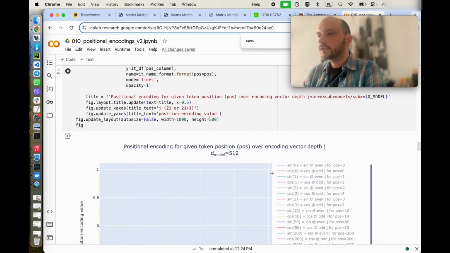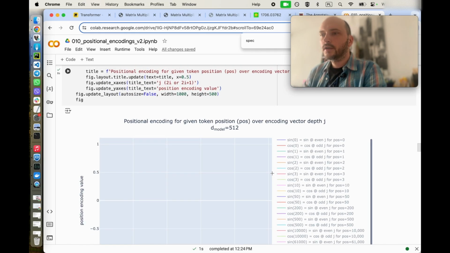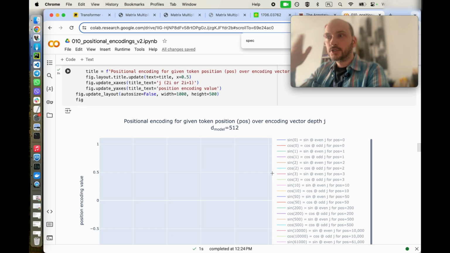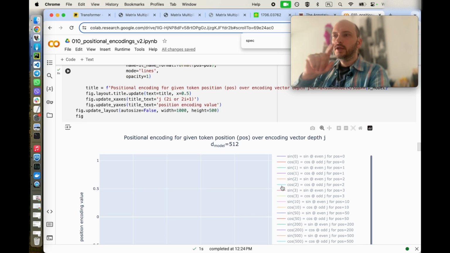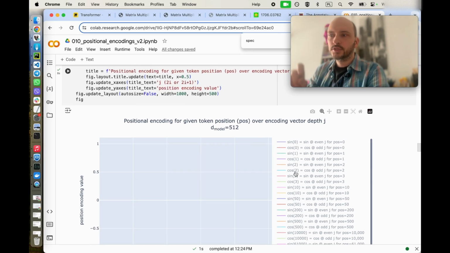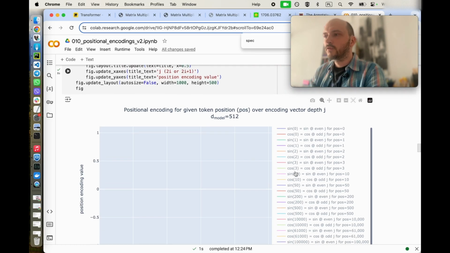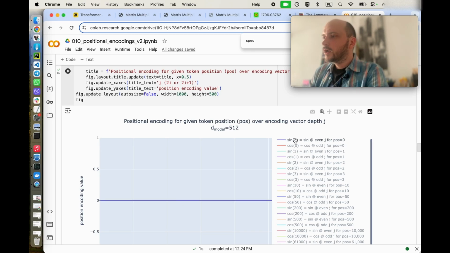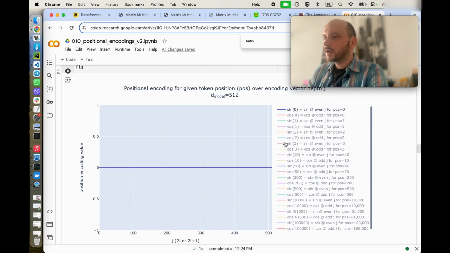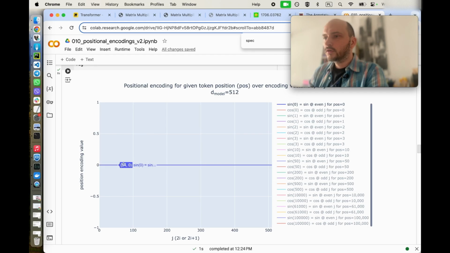Let's move forward, and now I will show you what it looks like for particular positions. At the moment we were looking at encoding indices and plotting them over positions, and now let's look at particular positions and have a plot over encoding indices. For example, for the first position, the value over the depth of the encoding will be like that.